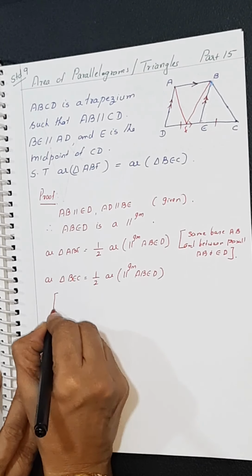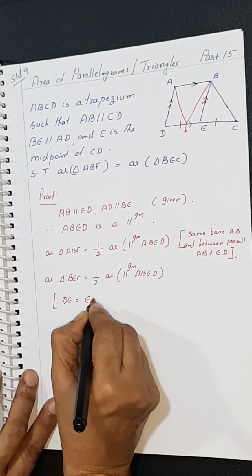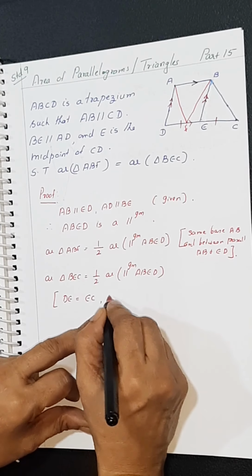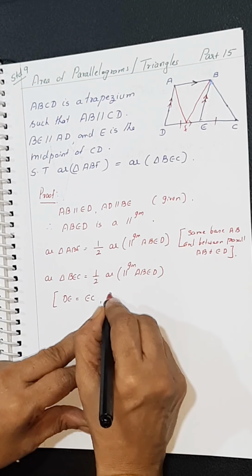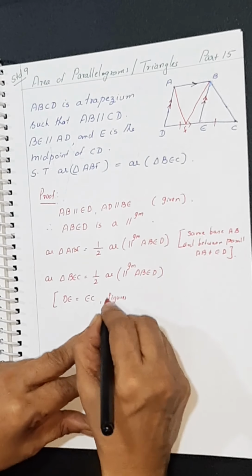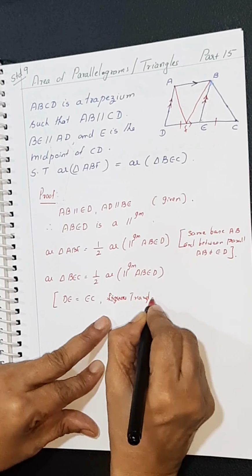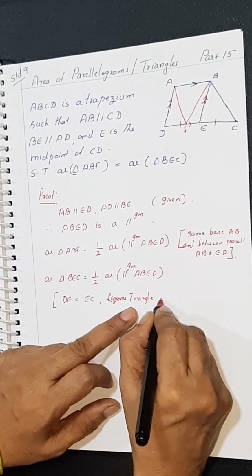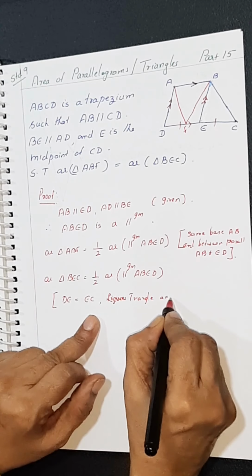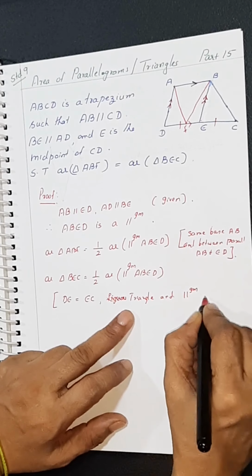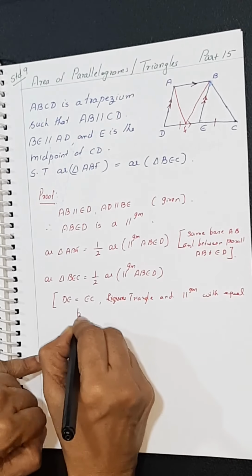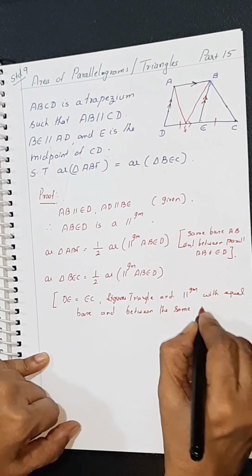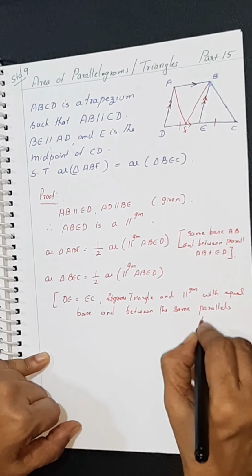The reason: DE is equal to EC, a triangle and parallelogram with equal base and between the same parallels, AB and ED.